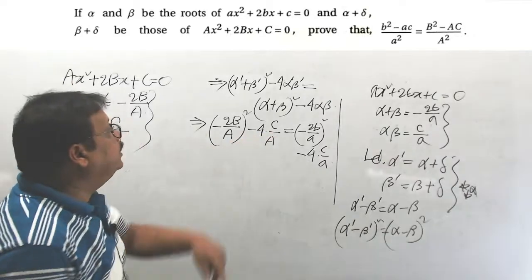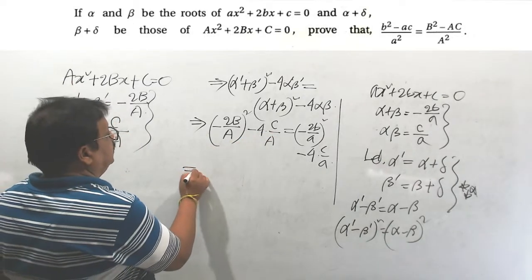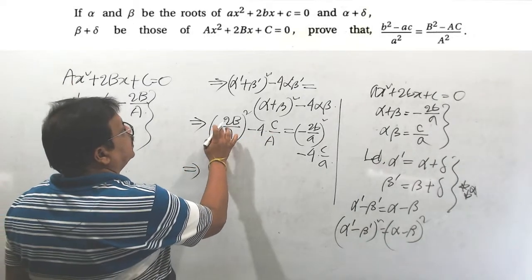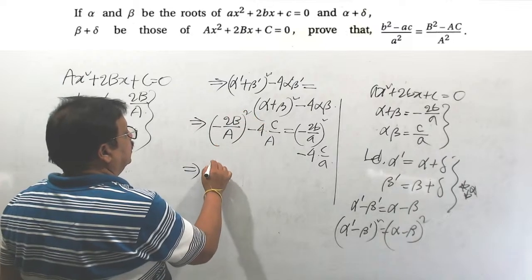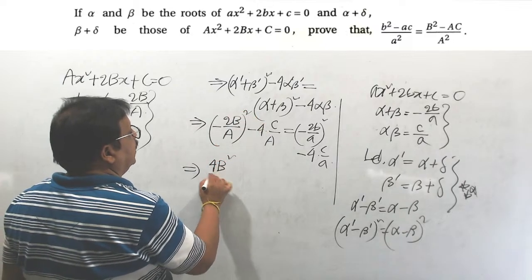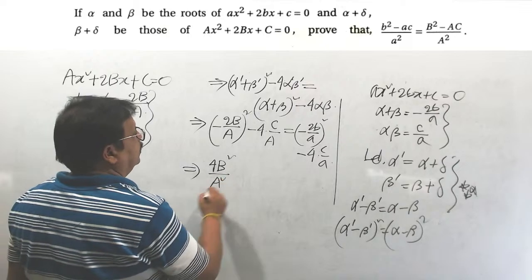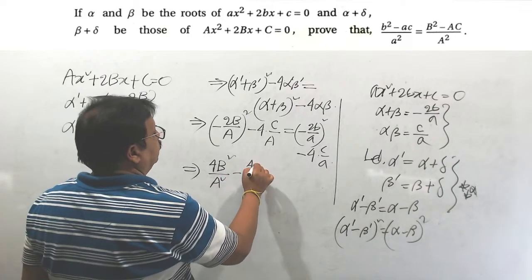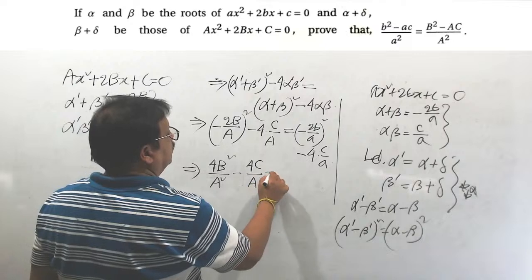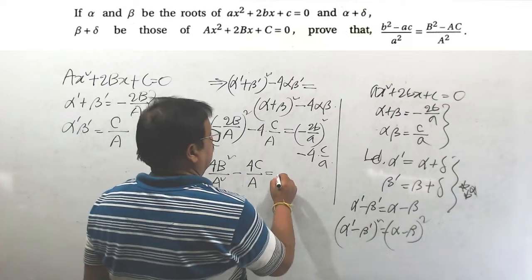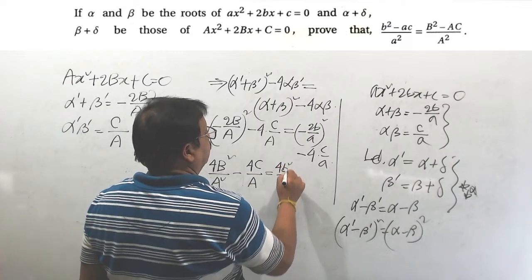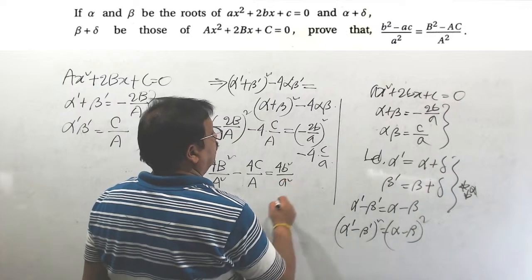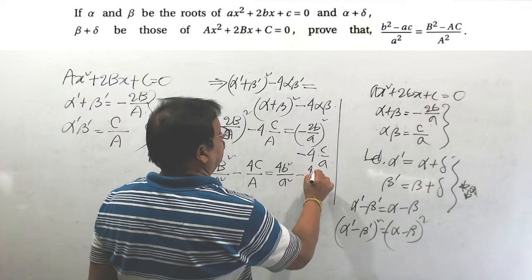Now you have to simplify this one. This implies, minus will be eliminated due to the square, that is 4 b square by a square minus 4 C by a equals 4 b square by a square minus 4 C by a.